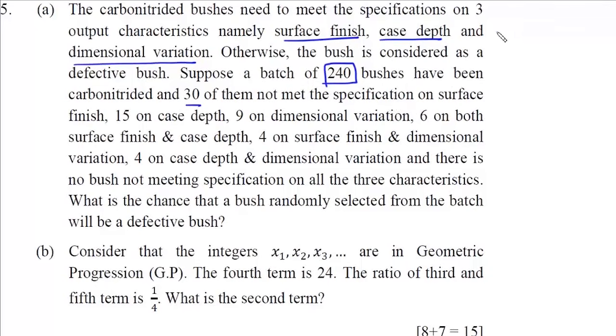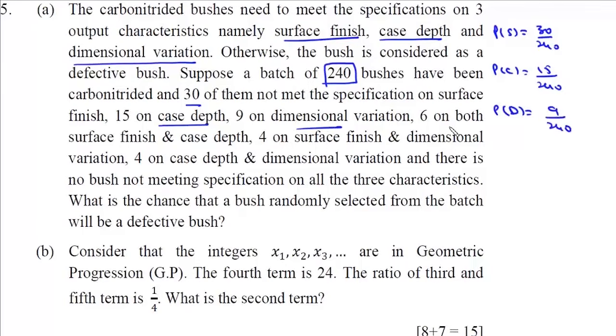So, the probability that the bush is not going to meet surface requirement is 30 by 240. And if it doesn't meet case depth requirement, that is PC, probability is 15 by 240, and dimensional variation, suppose PD, will be 9 by 240.